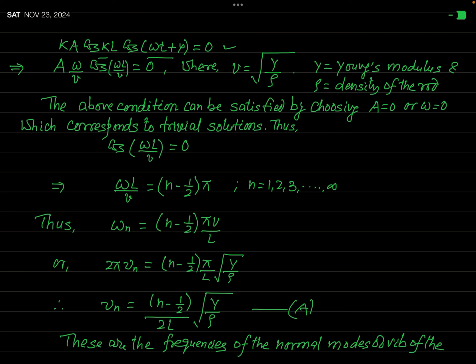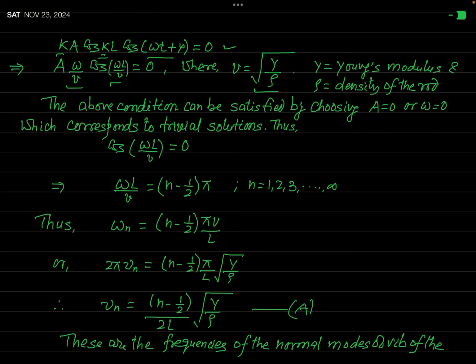You have seen earlier that k is a constant given by omega over v. So instead of k, I have written omega over v, and this is equal to 0. Now v is equal to the square root of Y over rho, where Y is the Young modulus of the material and rho is its density.